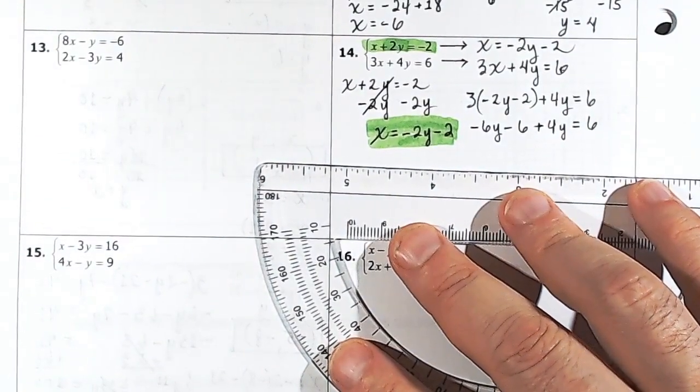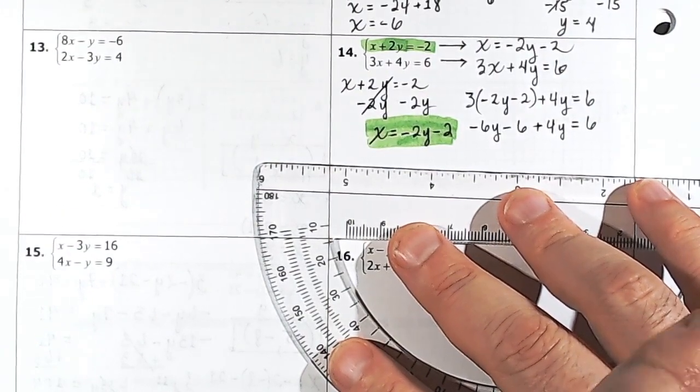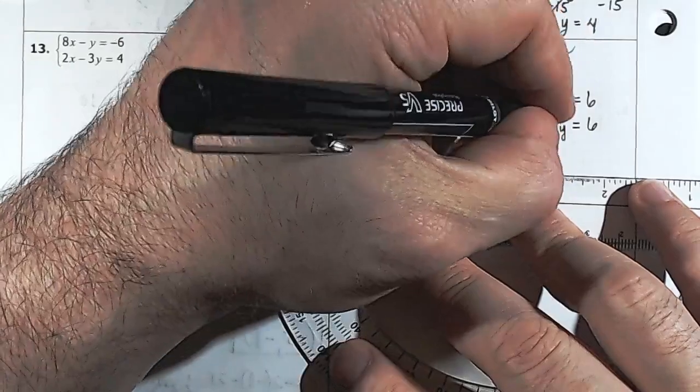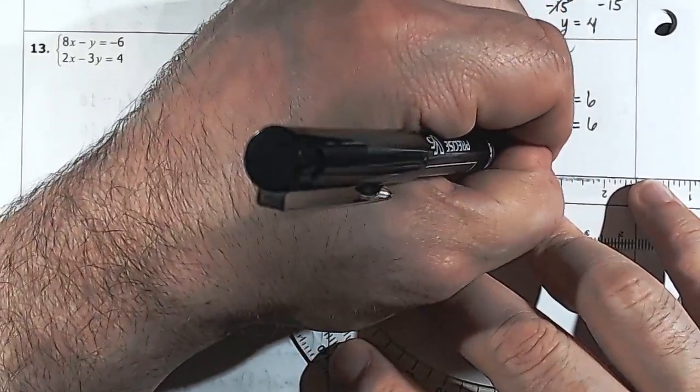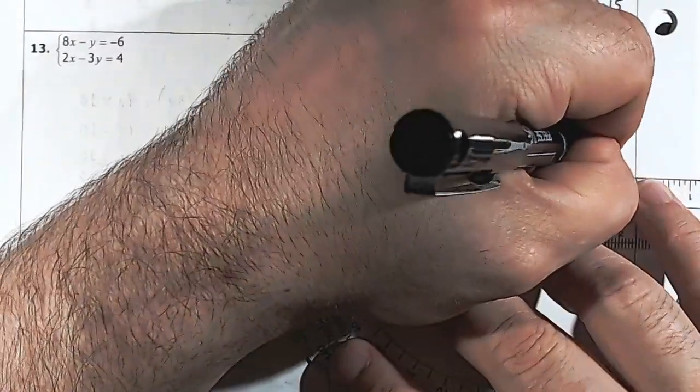Now, combine like terms on the left side. Negative 6y plus 4y is negative 2y. So we can write negative 2y minus 6 equals 6.